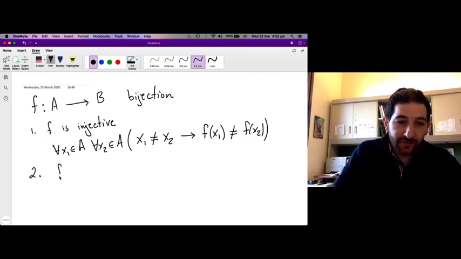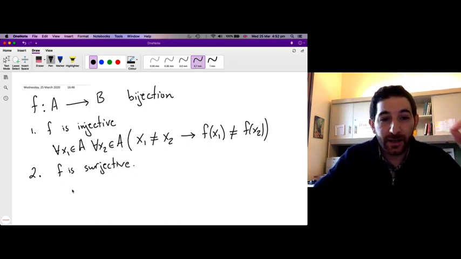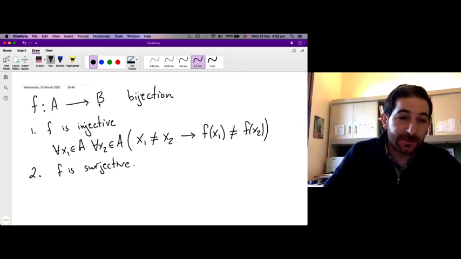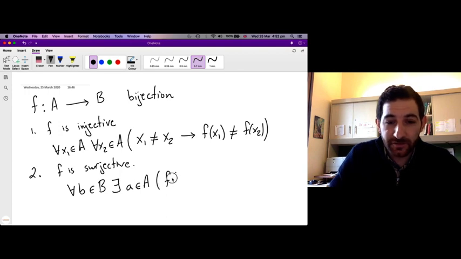And two, f is surjective. What does it mean that f is surjective? It means that every element in the codomain B has a pre-image. So for every b in B, there exists some a in A such that the image of a is this b.